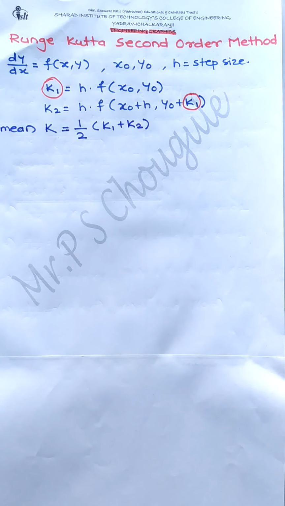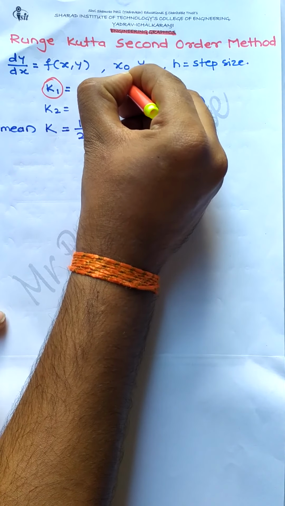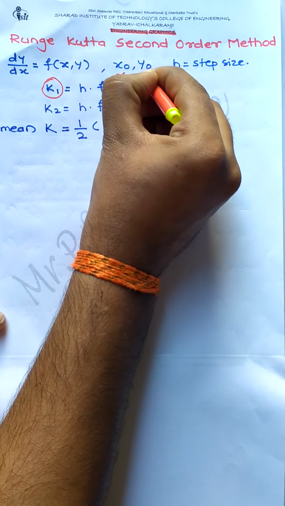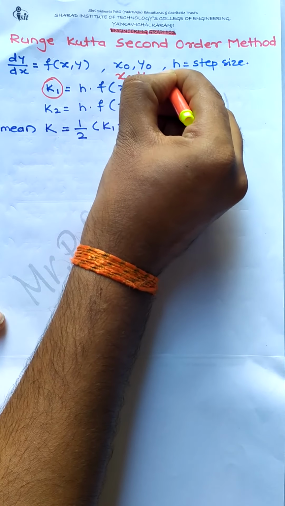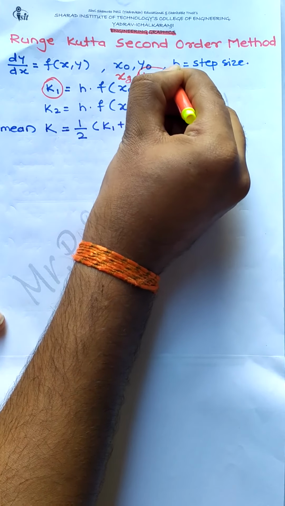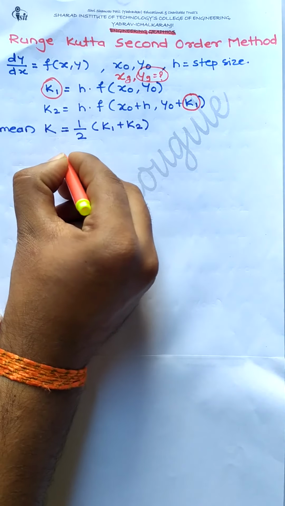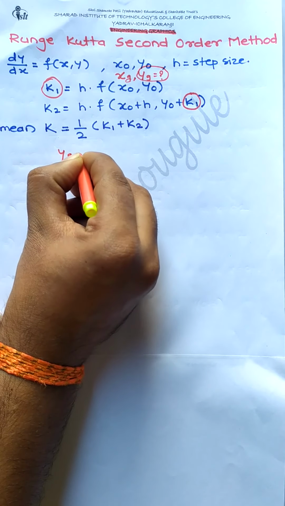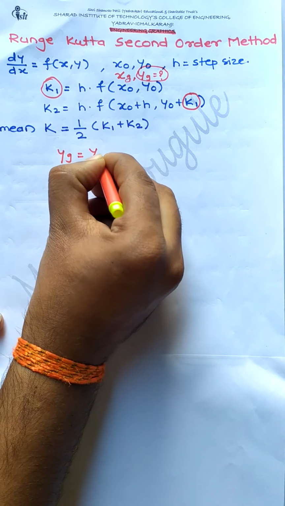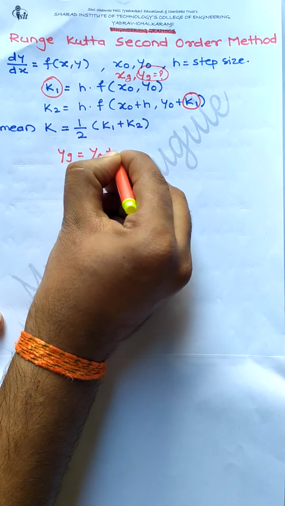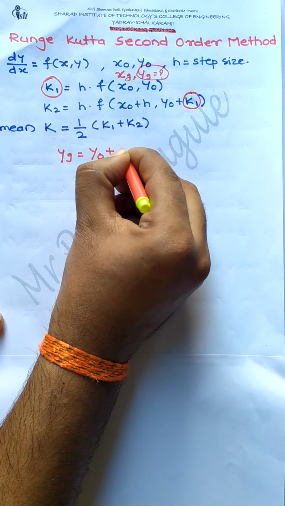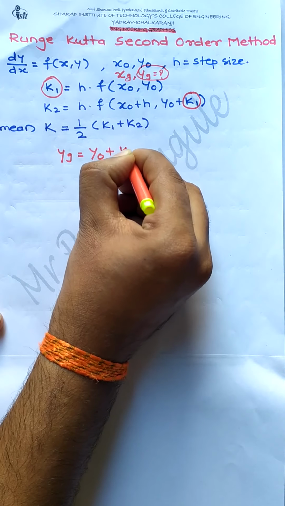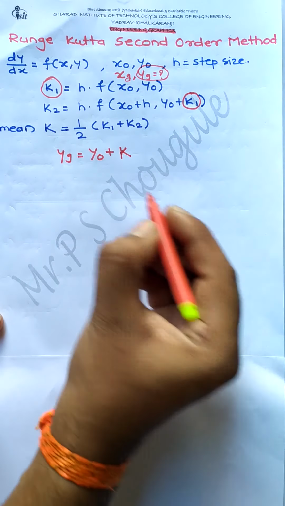Now in the example, they have given: find the value at x1, which is y1 is equal to what? So this will be the question. And now y1 is equal to y0 plus mean k, this term.